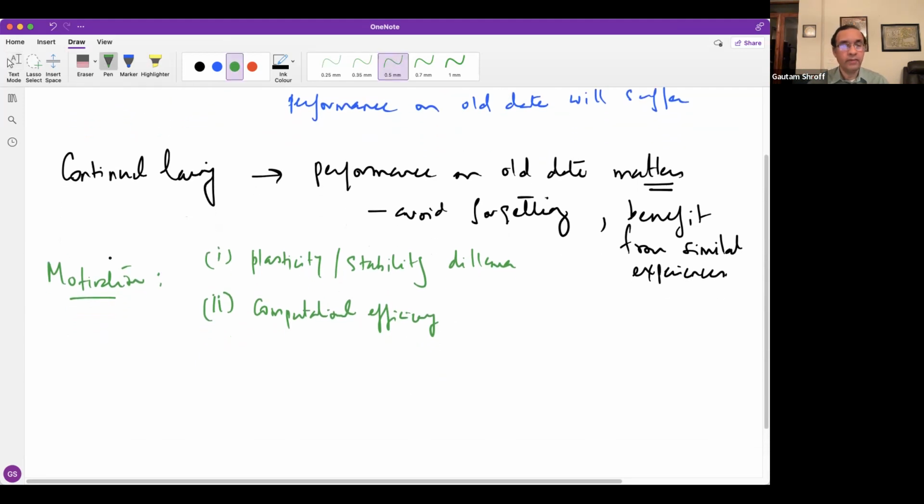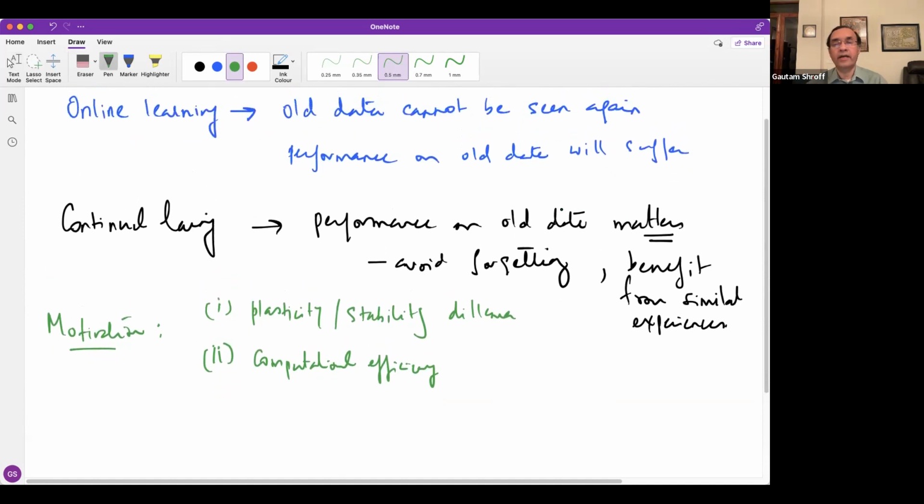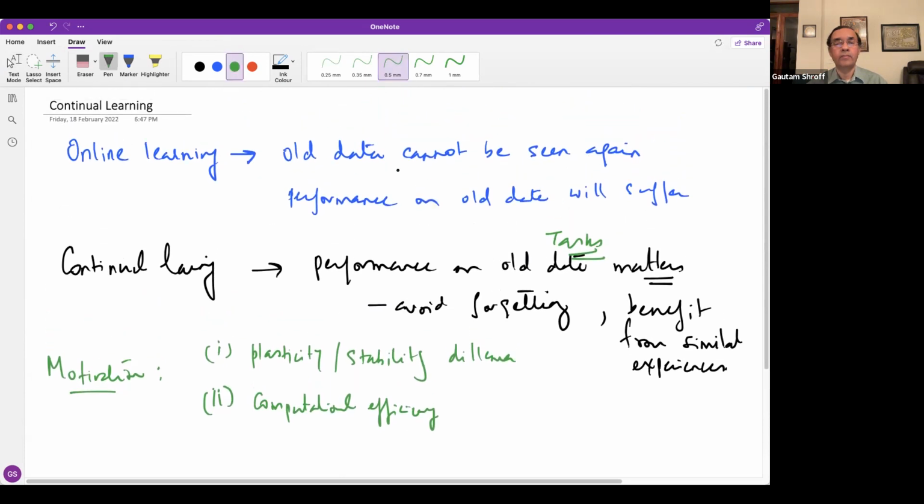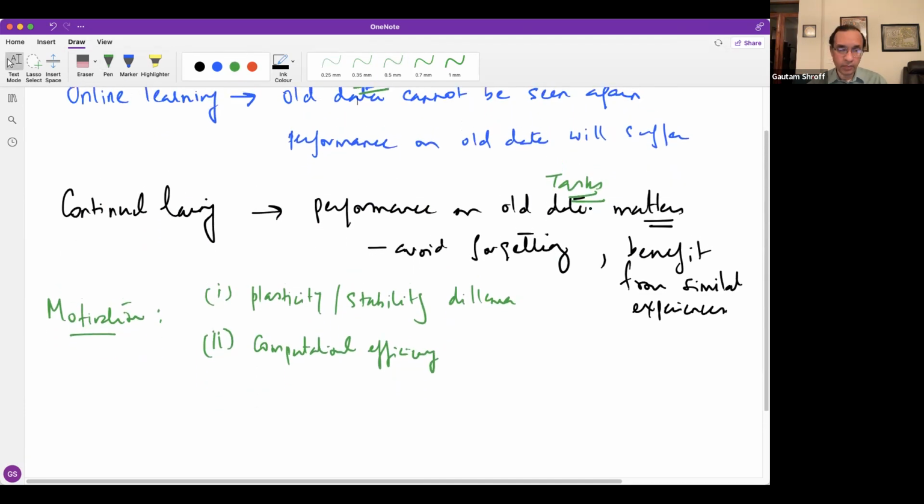So more formally, it's not just old data, but old tasks. A task is a bunch of data which has some integrity: it has a certain distribution, it has a certain set of labels, or in the case of RL, a certain set of reward distribution or goals, etc. Right.